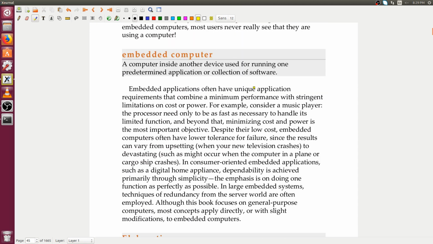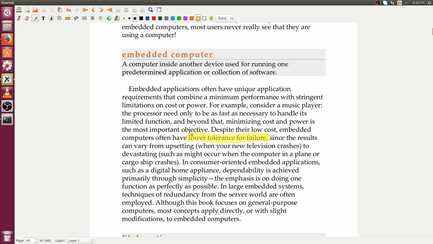So let's see. Anything else interesting here? Despite their low cost, embedded computers often have lower tolerance for failure, since the results can vary from upsetting to devastating. If you think about something like a pacemaker, right? If your computer messes up, okay, that's bad.